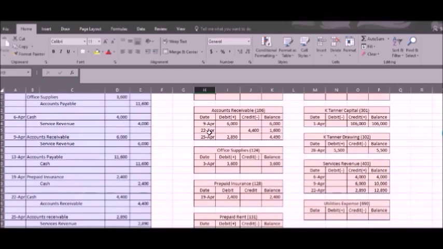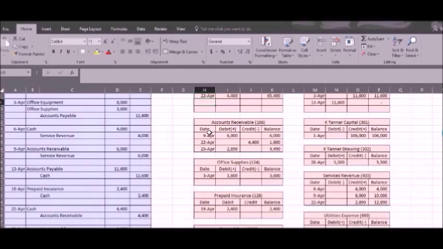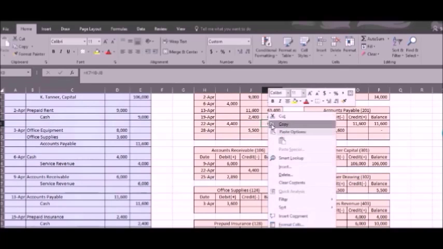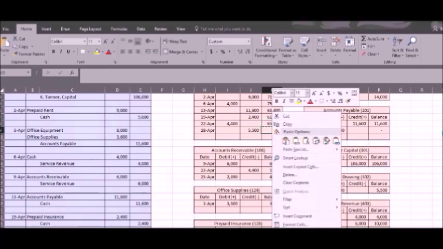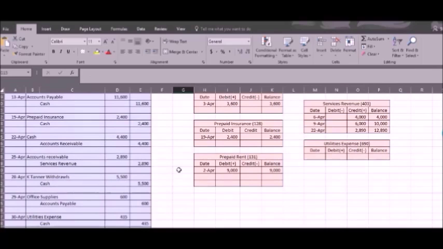I look at my date again, 4/28 and $5,500, on the credit side. We update our formula, and there we spent a little money. He took that money right out of the business.